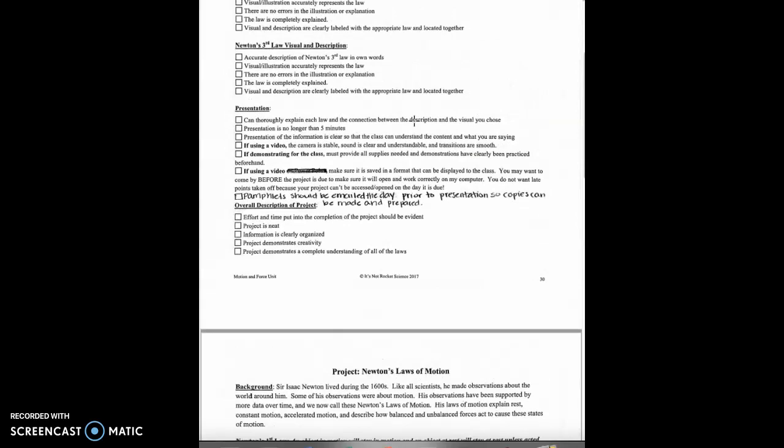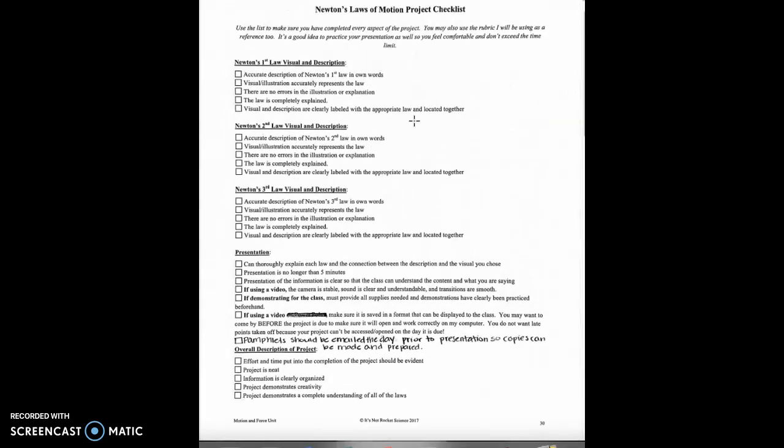So here is the checklist. Keep in mind, you are only going to be doing one law of motion. You do not do all three laws. So if you're doing Newton's second law of motion, then you will go through the checklist and make sure you have every single thing in that checklist. Make sure you have an accurate description of the second law in your own words. This is where your visual aid will come in handy.